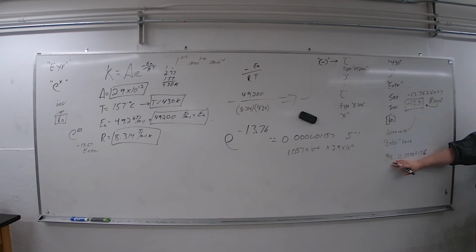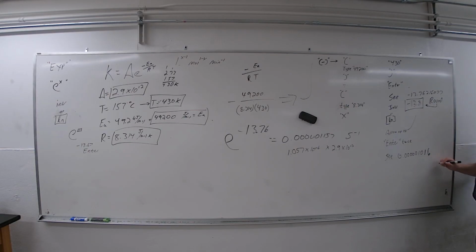And that's when I get this, 1.016 times 10 to the negative 6. So if you multiply this by 2.9, within 2 figures, you still get 2.9. That's how it ends up being 2.9.